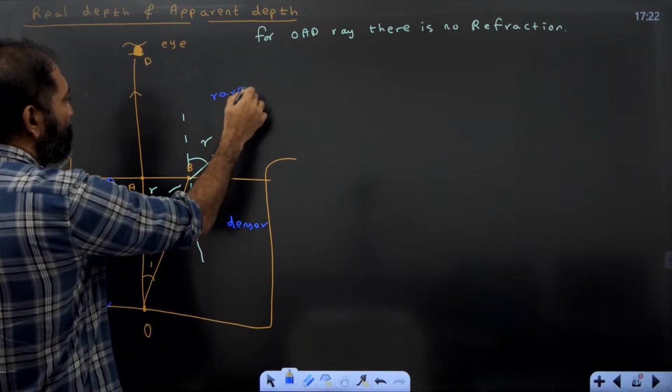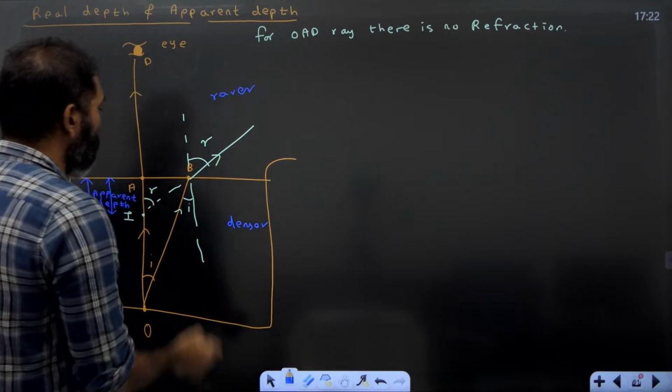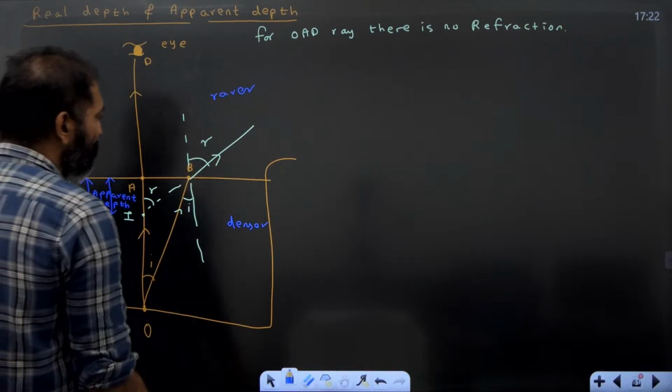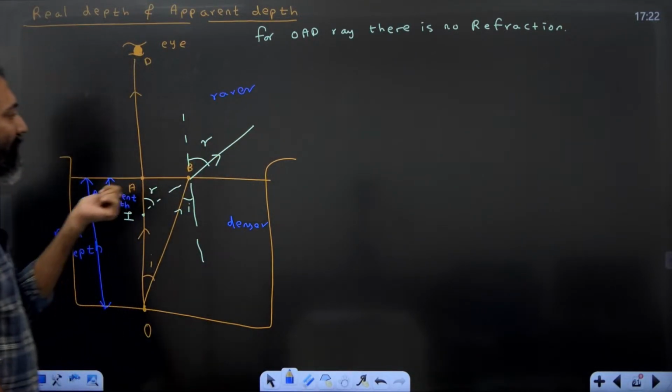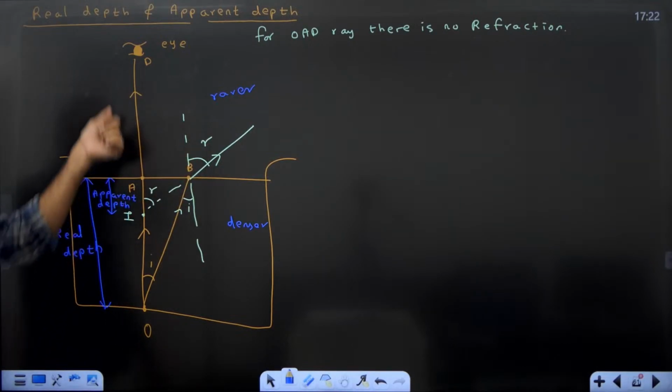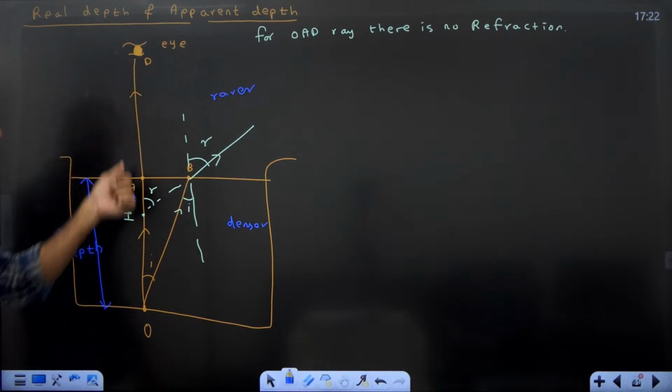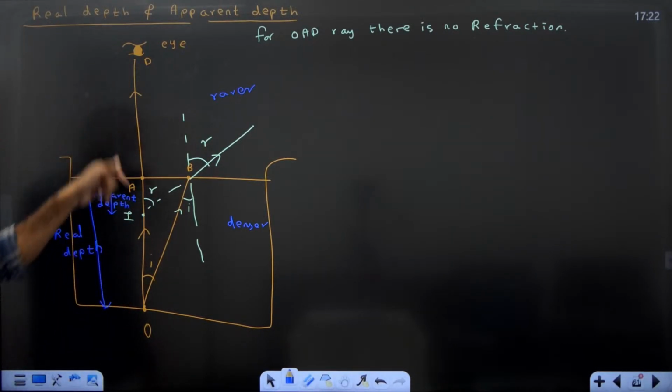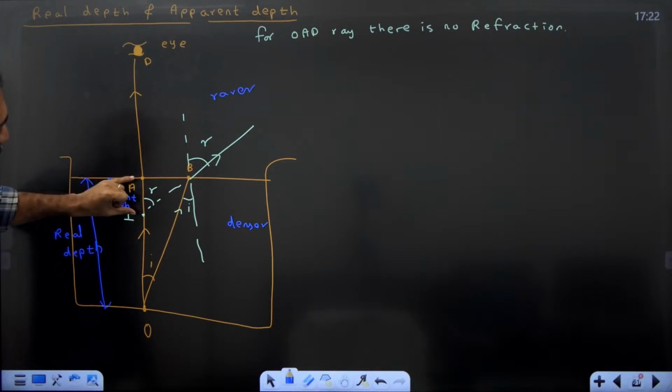So the refracted ray bends away from the normal. I have shown the angle of incidence and angle of refraction. When I extend the refracted ray backward, it intersects the original ray OAD at this point. So here you can expect an image.